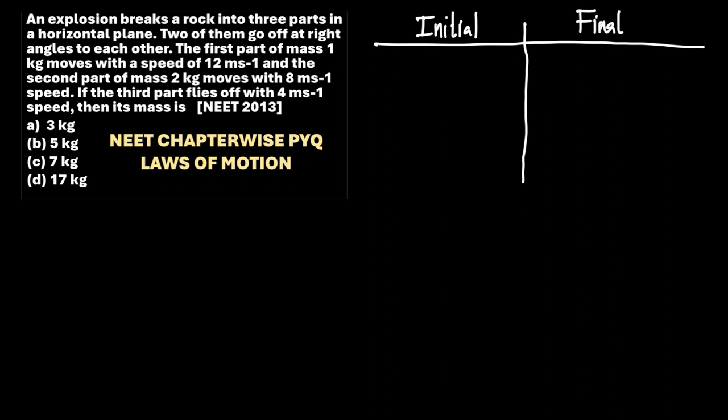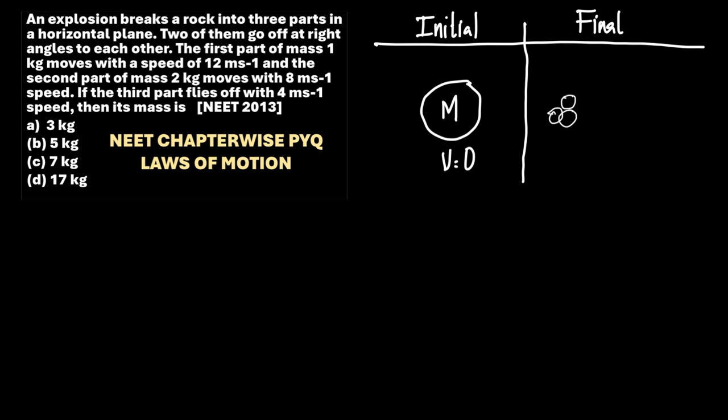Let us call the rock of mass m. At rest means the velocity is equal to 0, right? And then finally, this rock exploded into three parts, right?